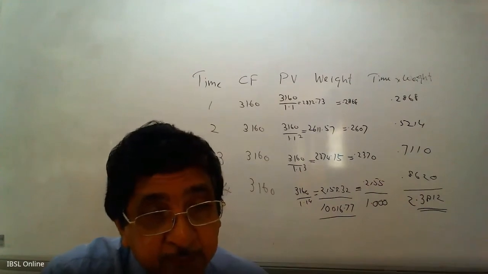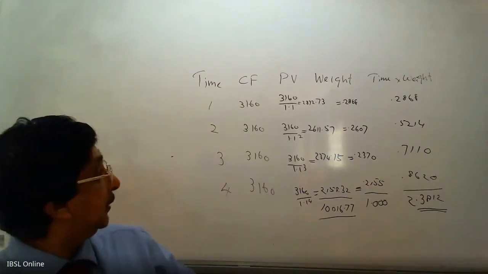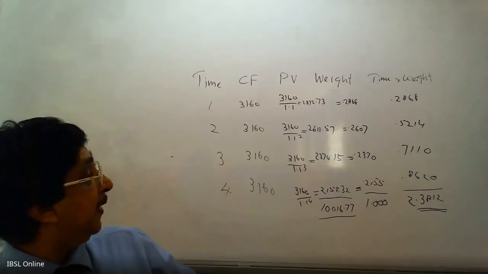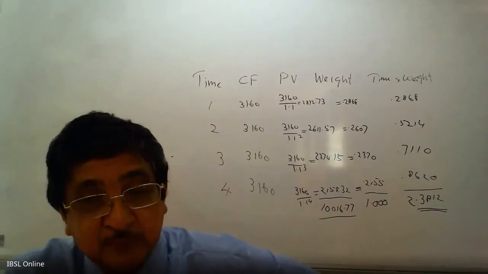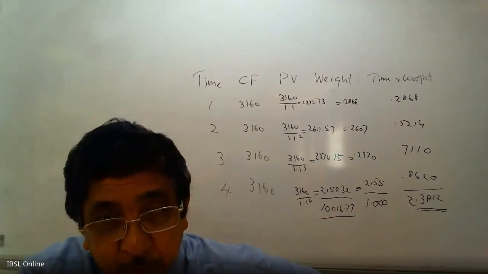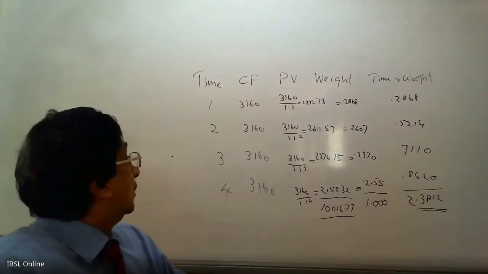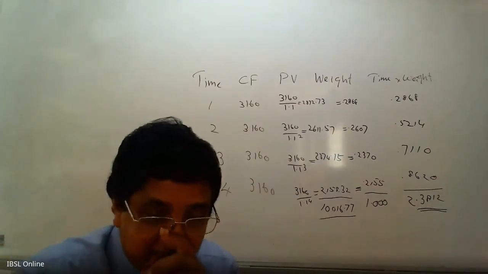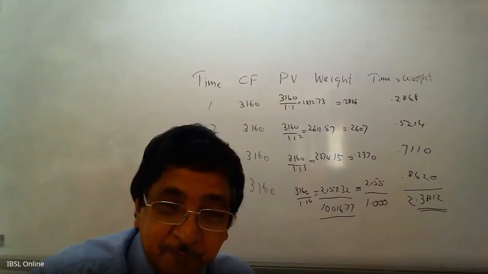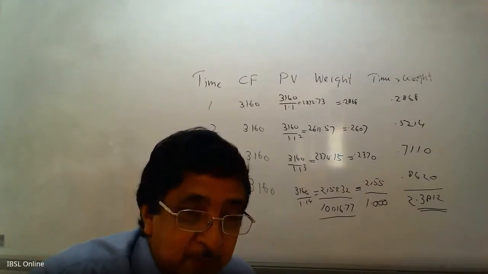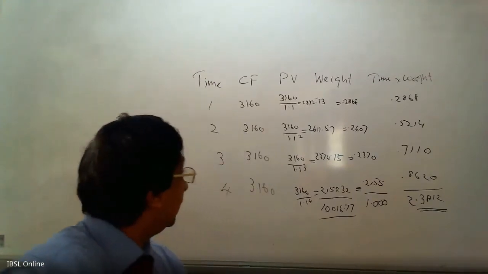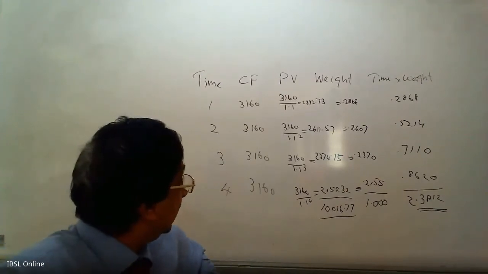What you need to do is, instead of 3160 divided by 1.1, you can say 3160 into e to the power minus 0.1. That is the first one. Then the second one, in the second year, you can say 3160 into e to the power minus 2 into 0.1.